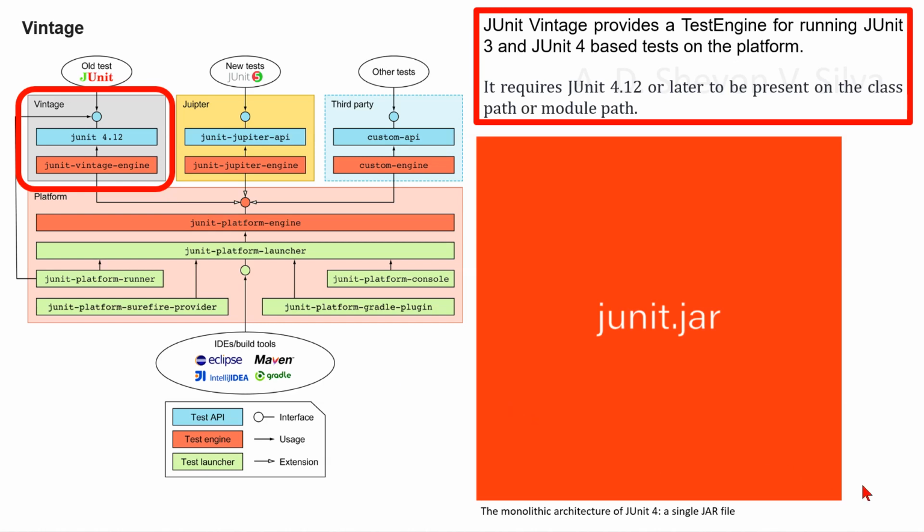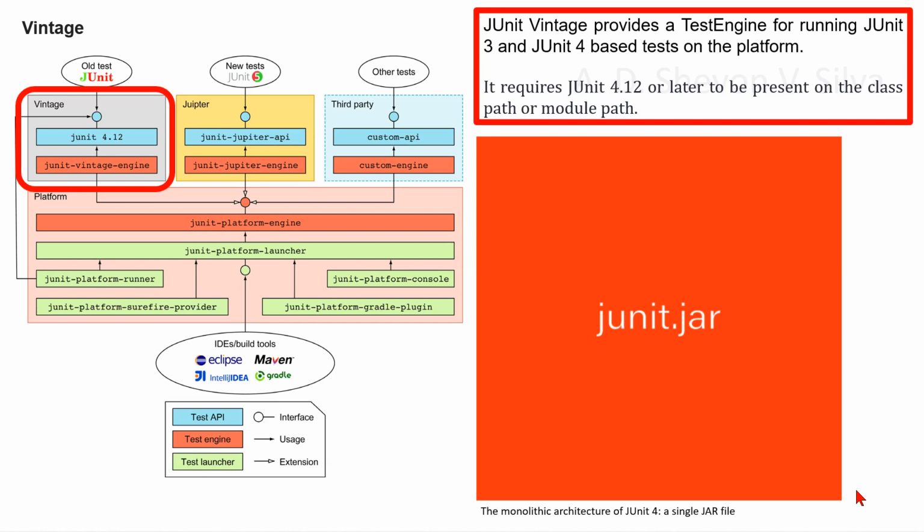Here you can see the monolithic architecture of JUnit 4, a single jar file, JUnit.jar. JUnit 4, released in 2006, has a simple monolithic architecture.